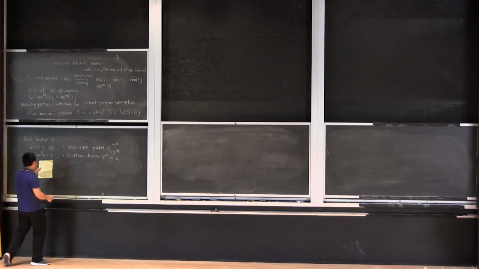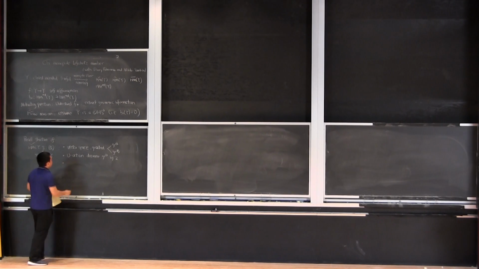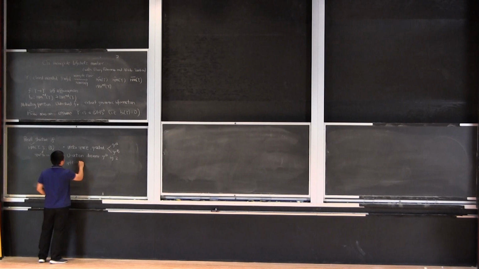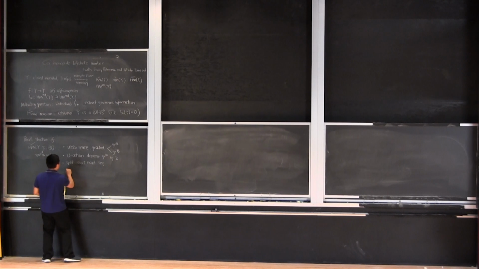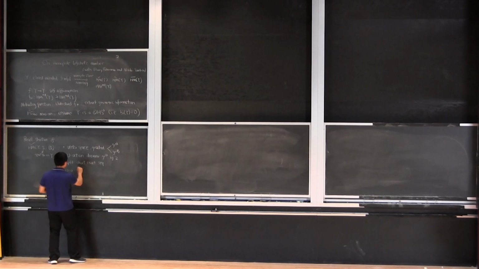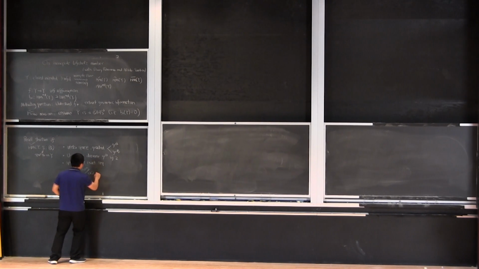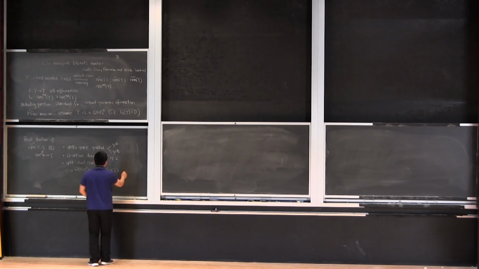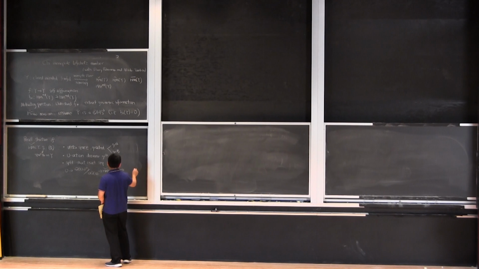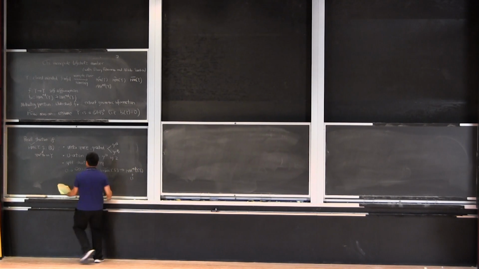The third one is that there is a split short exact sequence that goes from 0 to Q[U, U inverse] quotient U times Q[U] to HM-to, and the quotient we denote by HM-red.